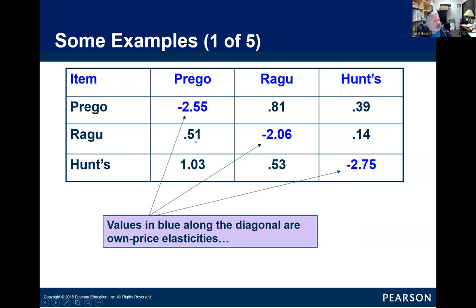So Prego for Ragu is 0.51. That means that these goods, if we go back to our prior slide, the number is positive, and so they're substitutes. You substitute Prego for Ragu, you substitute Prego or Hunt's for Prego. In the case of consuming Ragu, once again, still substitutes all the way around.